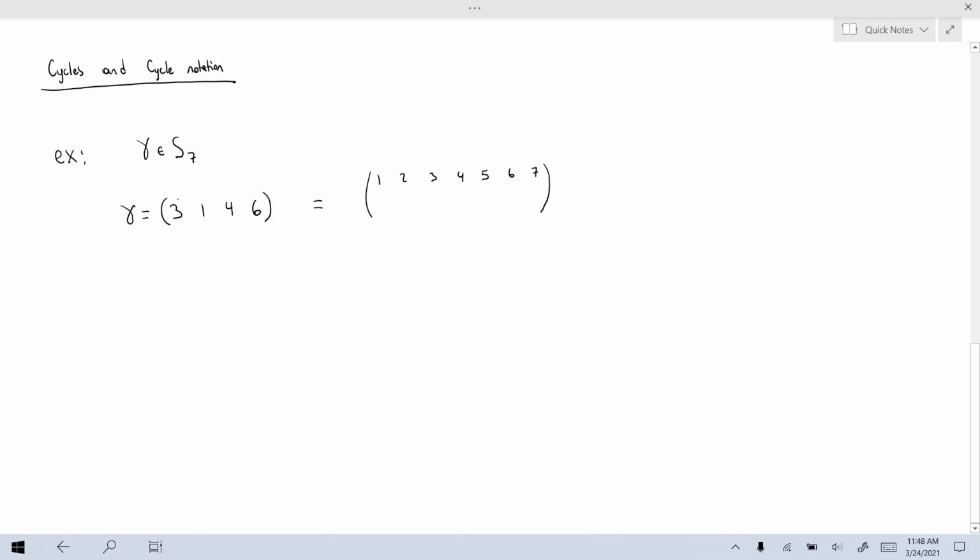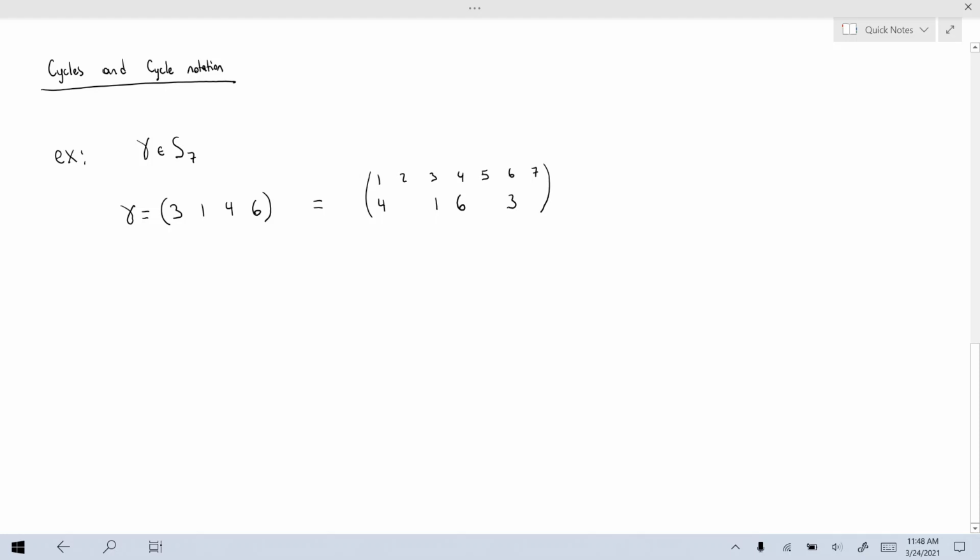The way you read this is gamma of 3 is 1, gamma of 1 is 4, gamma of 4 is 6, and gamma of 6 is 3. Okay?